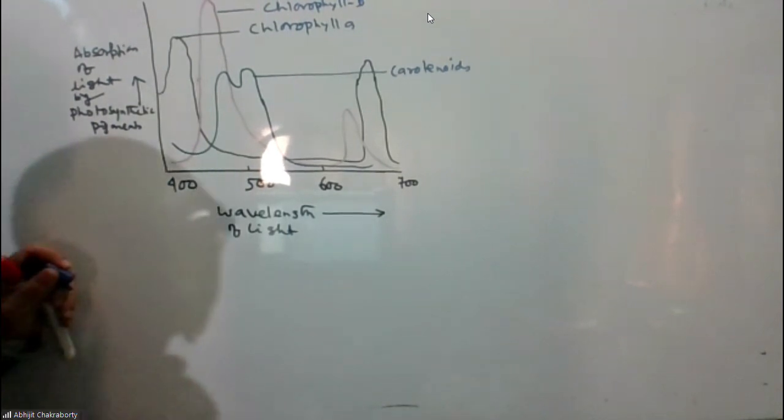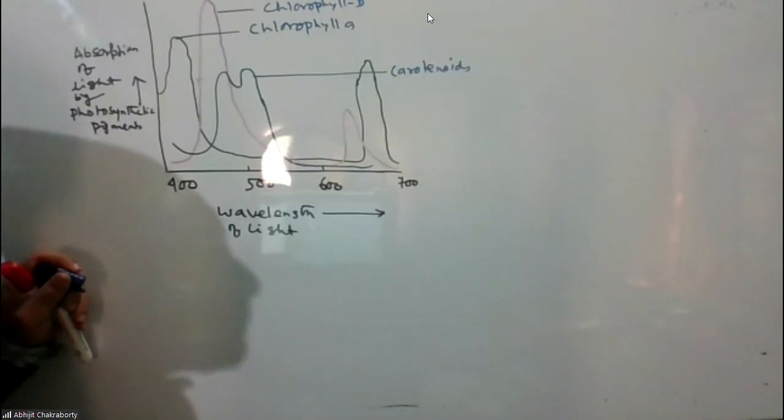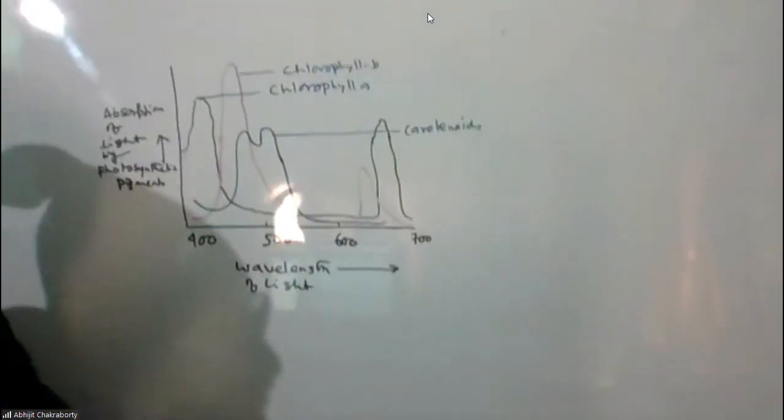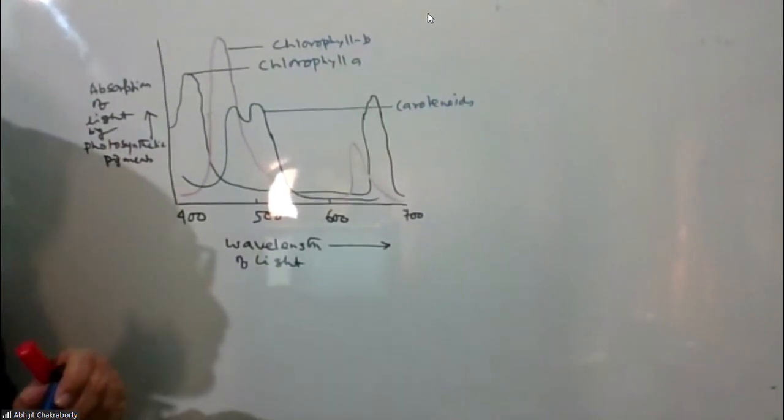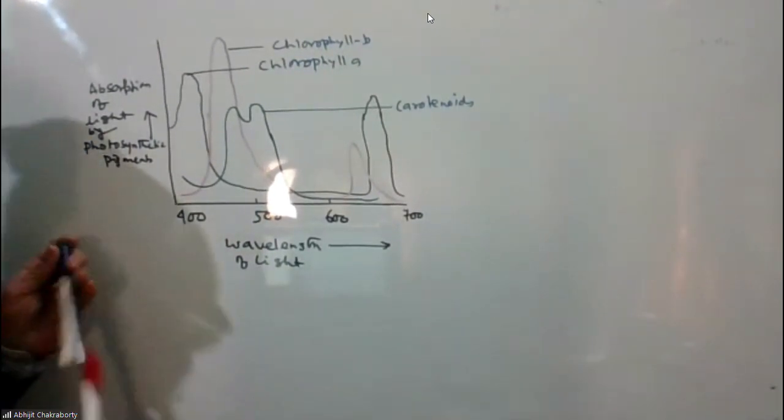So this is about the absorption spectrum. You see, the curve showing the rate of photosynthesis at different wavelengths.